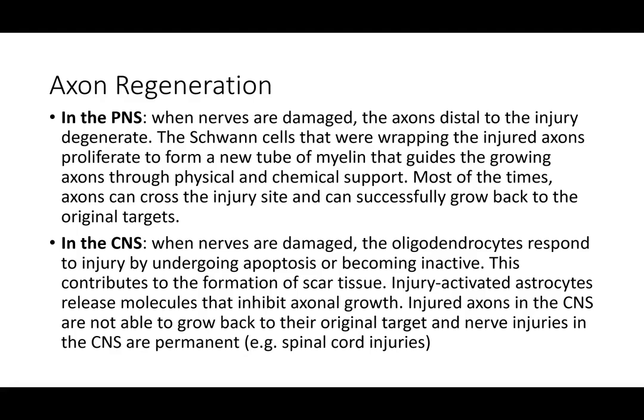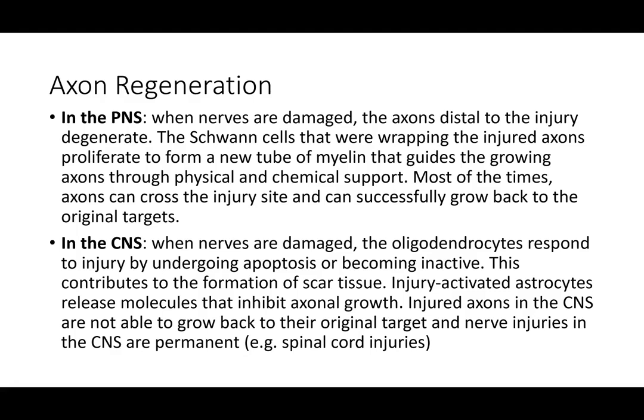The Schwann cells that were wrapping around those injured axons are going to proliferate, so they'll make more copies of themselves, and they will form a brand new tube of myelin that will help guide the regrowing axon from the proximal portion of that injured axon, the part that's still connected to the rest of the nervous system. They'll also provide some physical and chemical support.